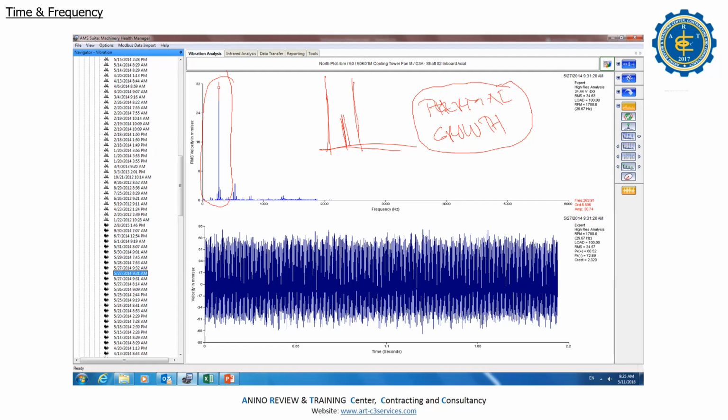The engineers have different work in the field. So we are condition monitoring. In our reliability department, we have reliability engineers, and we have also the condition monitoring group. So we are the condition monitoring group.